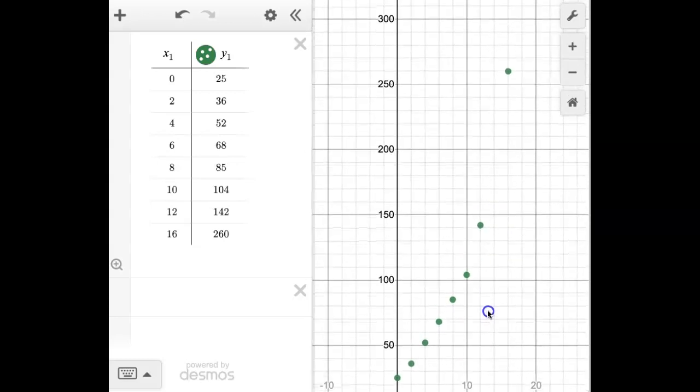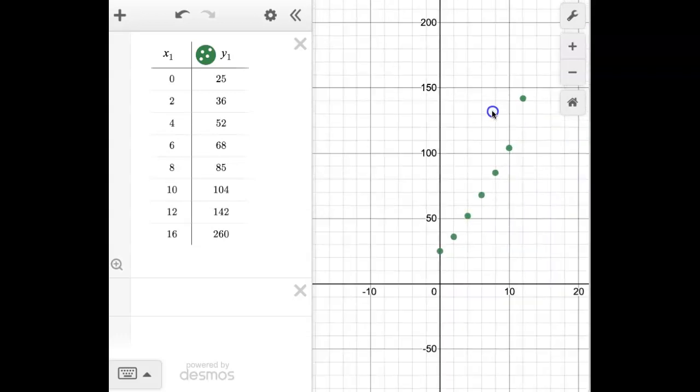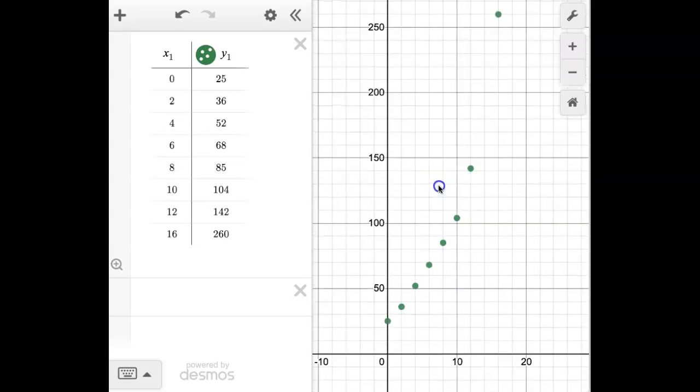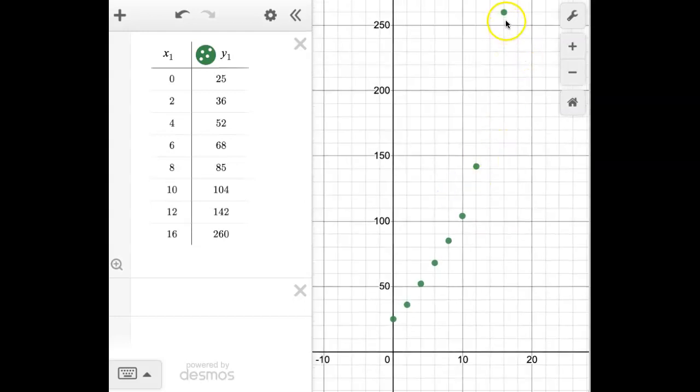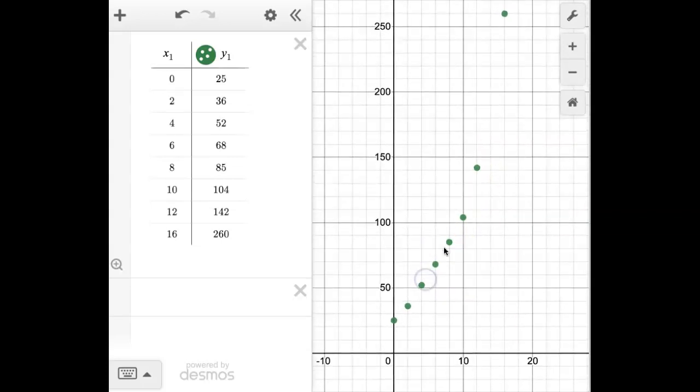In fact, look at where 260 is. 260 is up here, and adjusting the x and y axis does allow you to see it looking a bit more exponential. Our data stops right there, but I hope you would agree that it is definitely not linear, and it does start to do what an exponential curve should do.